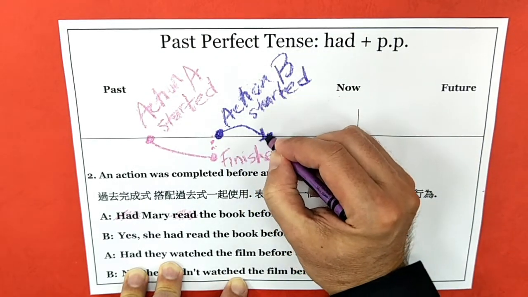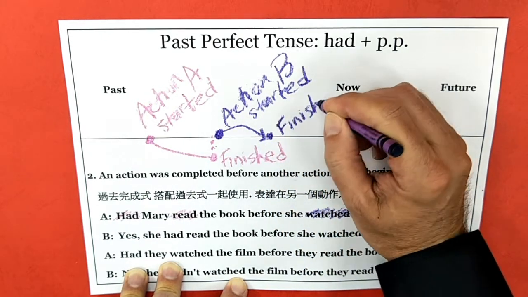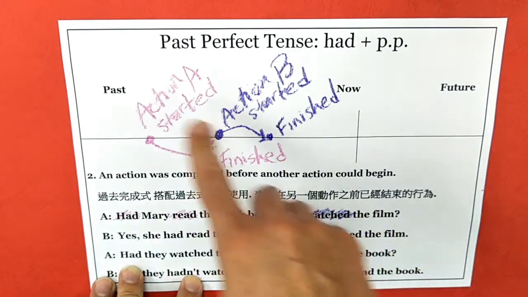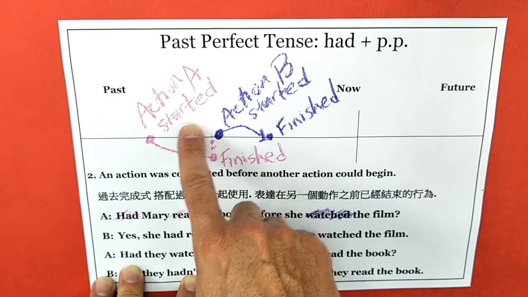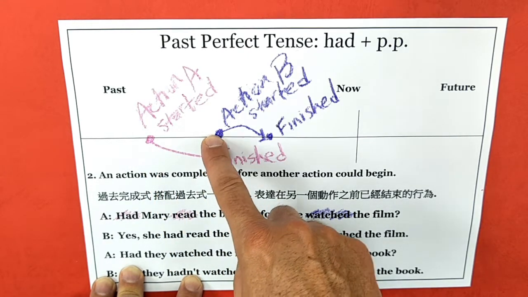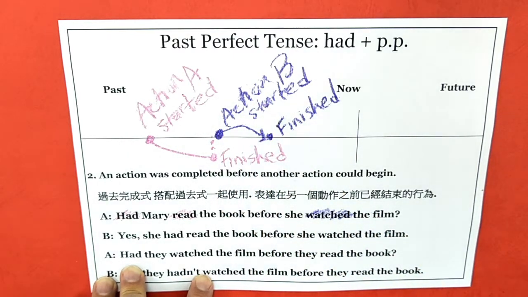And it finished. All of this happened in the past. Again, we have action A. Action A started in the past. It finished. As soon as it finished, action B could start. Action B starts and it finishes in the past.